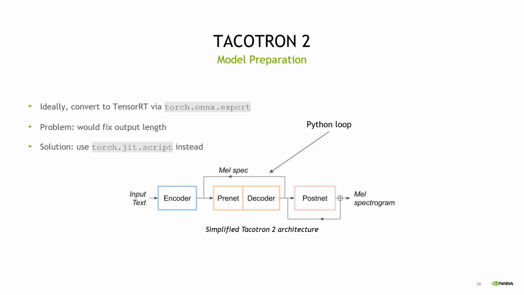So here we decided to use TorchScript scripting. As you can see in the simplified Tacotron architecture, the model takes the mel spectrogram from the output and feeds it back to the input. This loop is executed using a regular Python loop, so it would not be correctly captured by ONNX export.